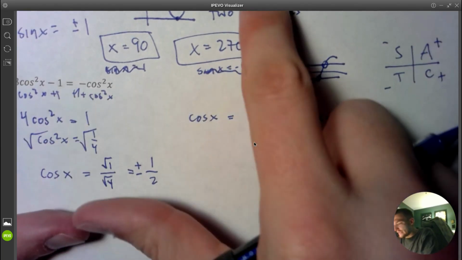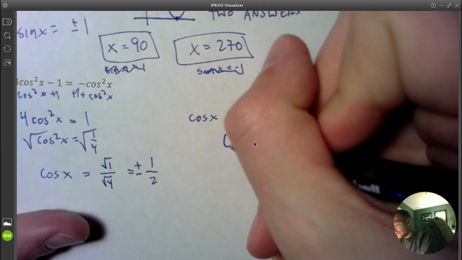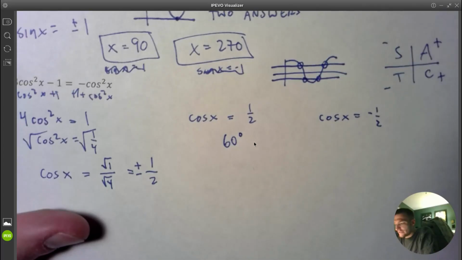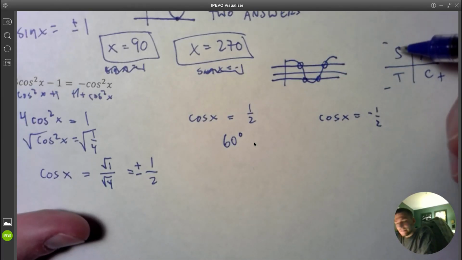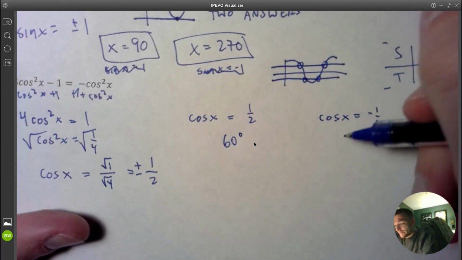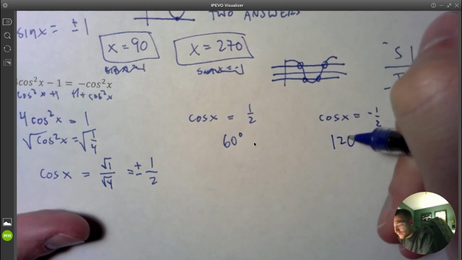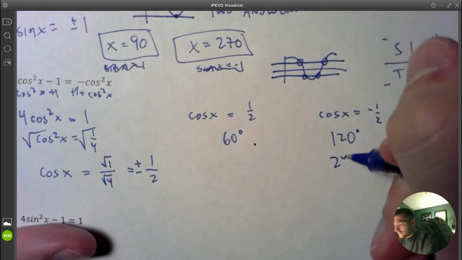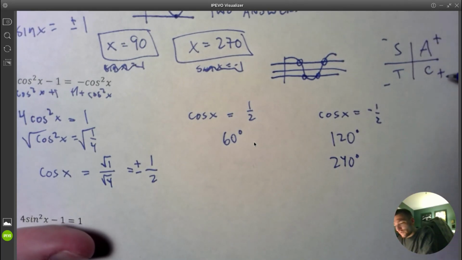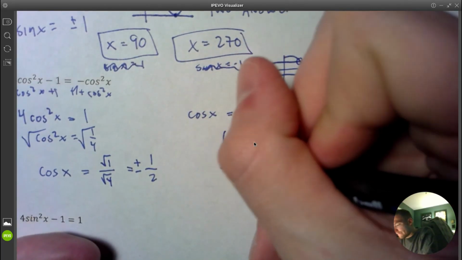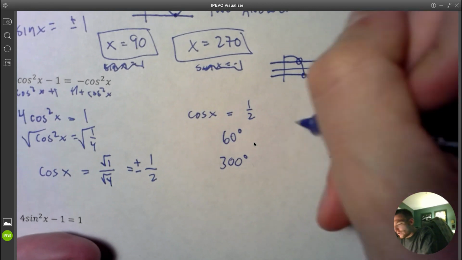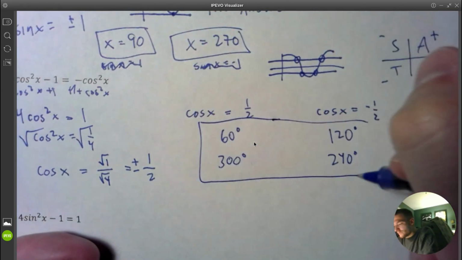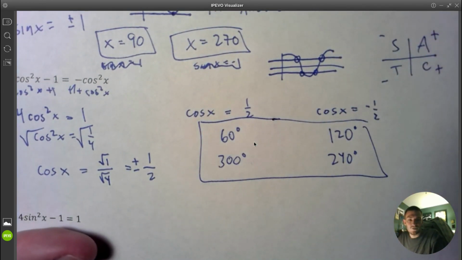We're still in degrees, so that would be 60 degrees. This is quadrant 2, it's going to be negative, but we want that one as well, 120. Quadrant 3, it's going to be negative, but we want that as well, 240. Quadrant 4, it's going to be positive, we definitely want that, 300. And all of those answers are good.